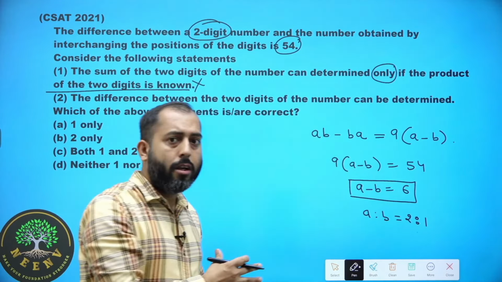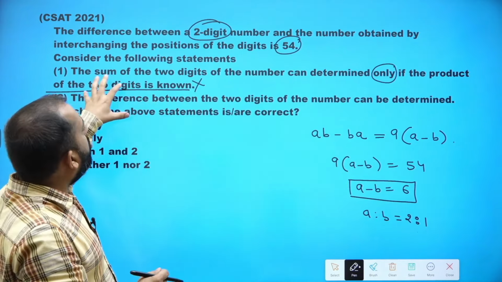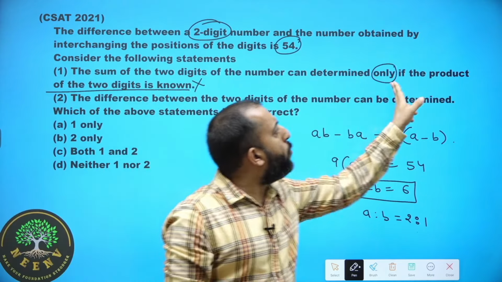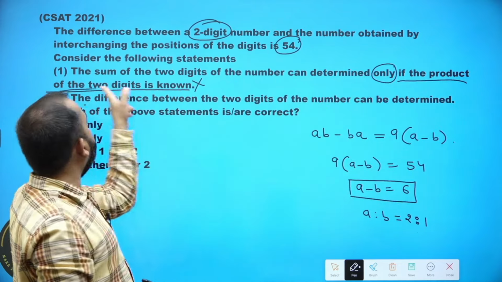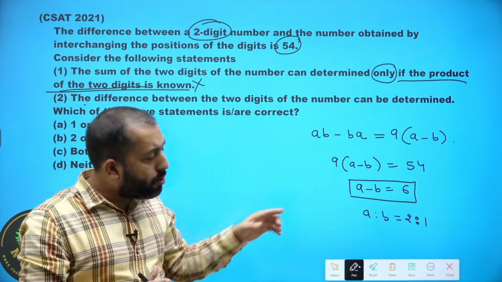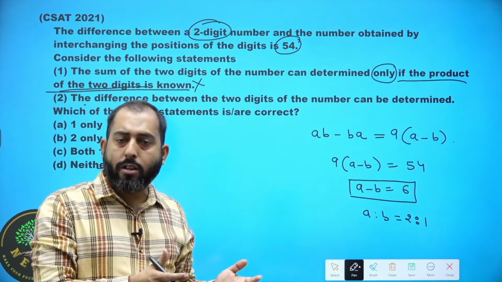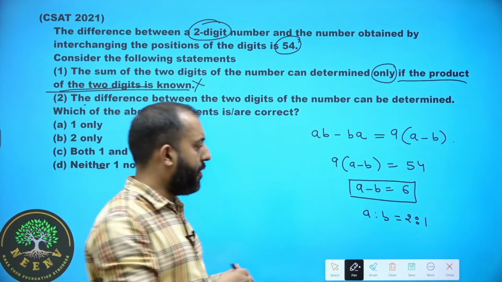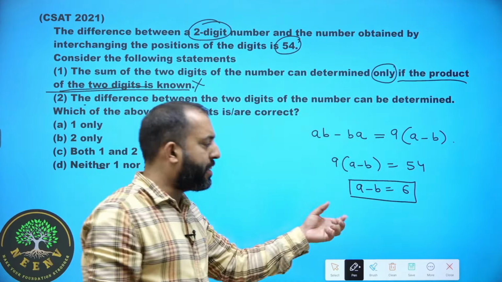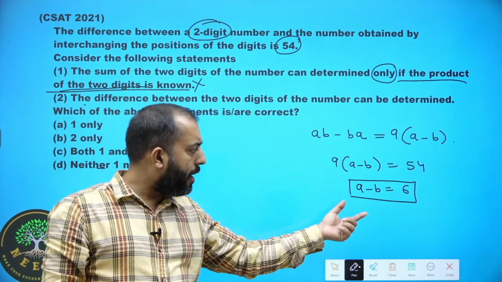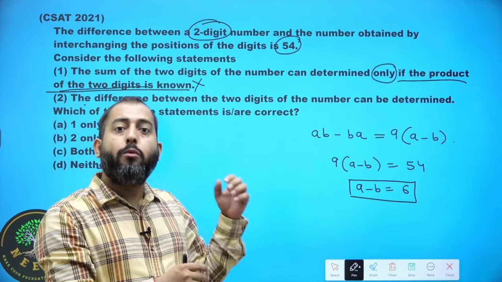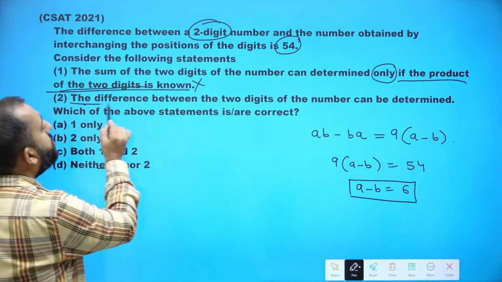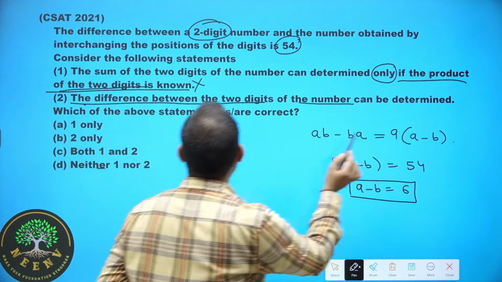This is just an example that to know the sum of the digits, the product is not the only necessary condition. If we know the ratios, then also we can find out the sum, because the difference is also known to us. So I just tried to explain this with the help of an example. This is not a valid example, but we can find out the same thing with the help of ratios also.